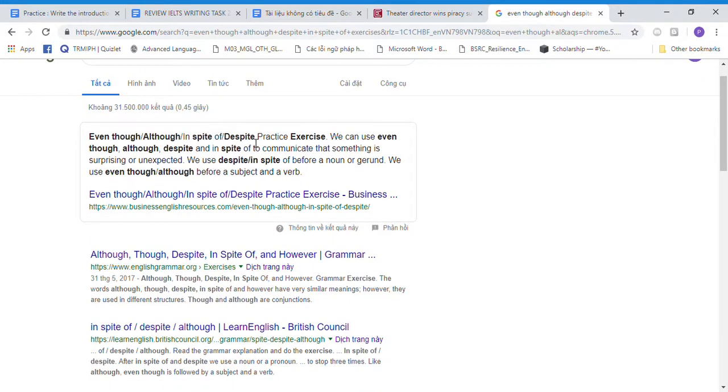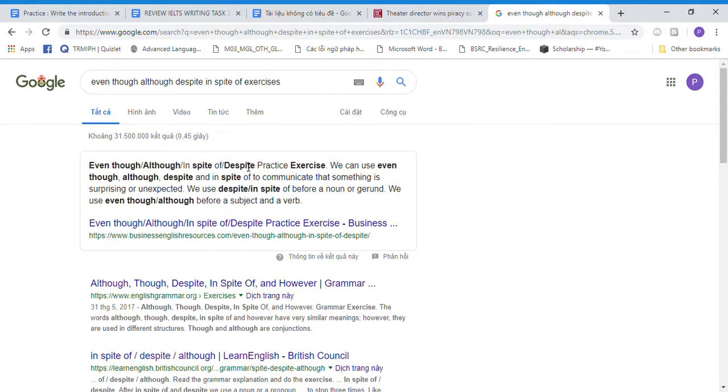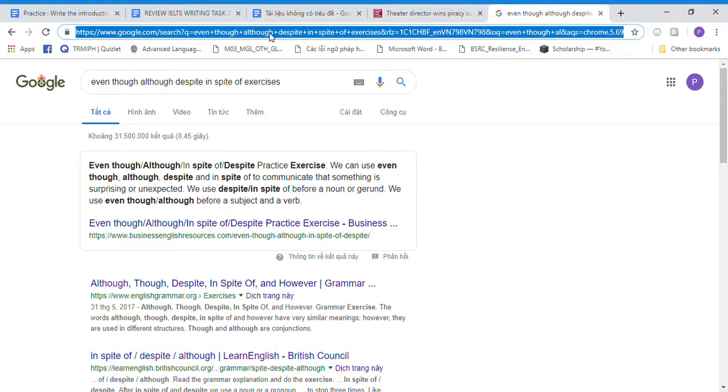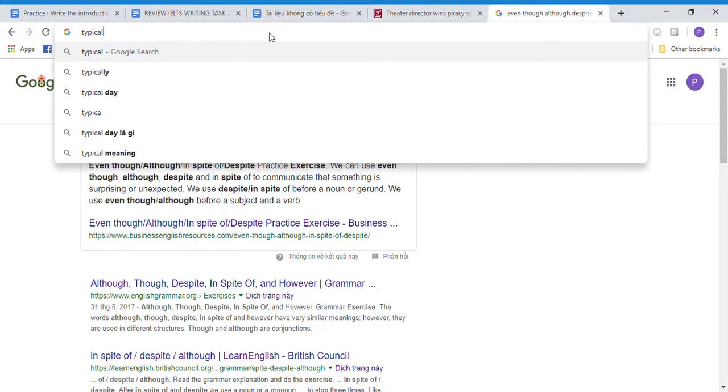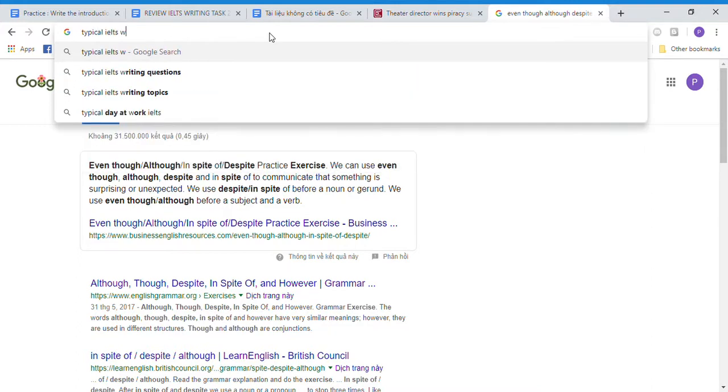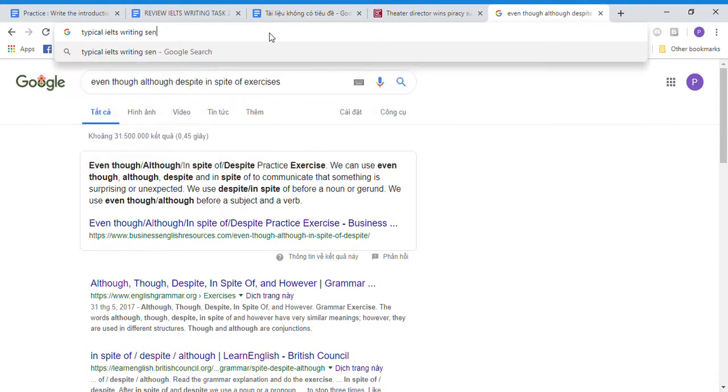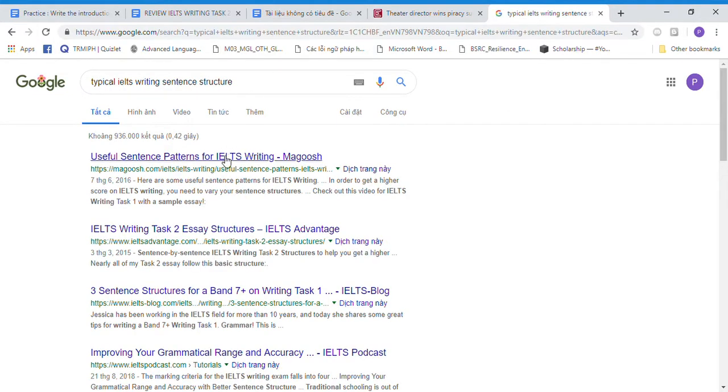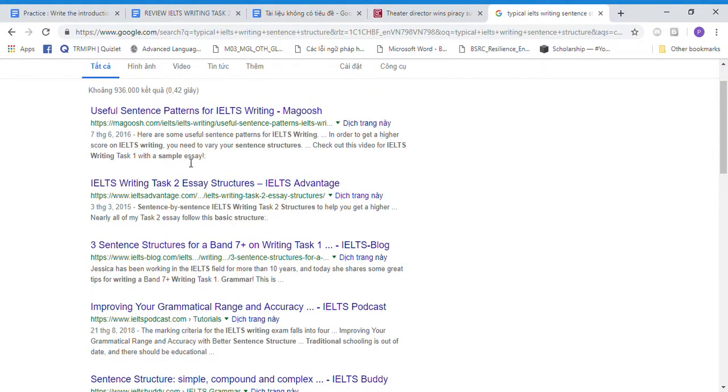Or like some typical IELTS writing sentence structures. You can find them, or they call it sentence patterns or essay structures.